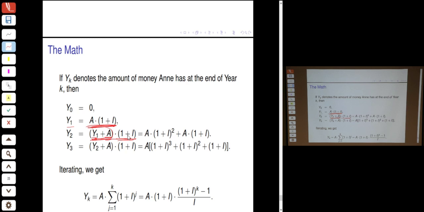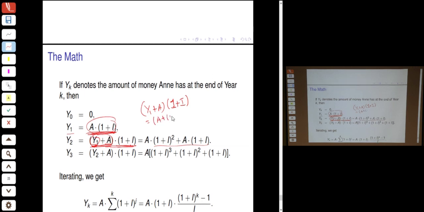Okay? And as in the case of the mortgage example, it is beneficial in these cases to first substitute Y1 from the previous equation and then expand everything out as powers of 1 plus I. So Y1 plus A times 1 plus I equals A times 1 plus I plus A times 1 plus I, and let us multiply this out.